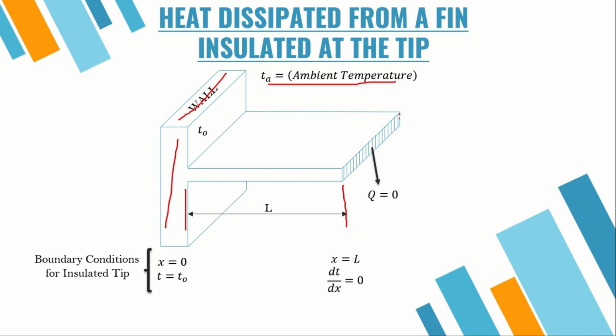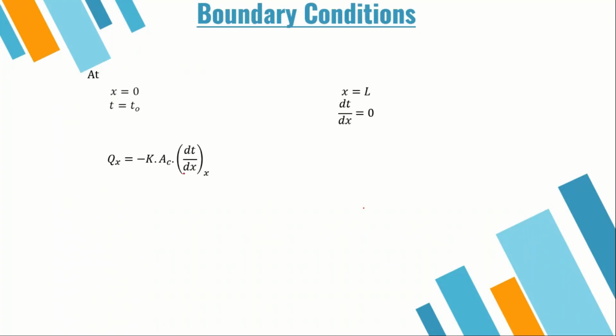As at the tip, the value of q is 0, so either k can be 0, Ac can be 0, or dT by dx can be 0.